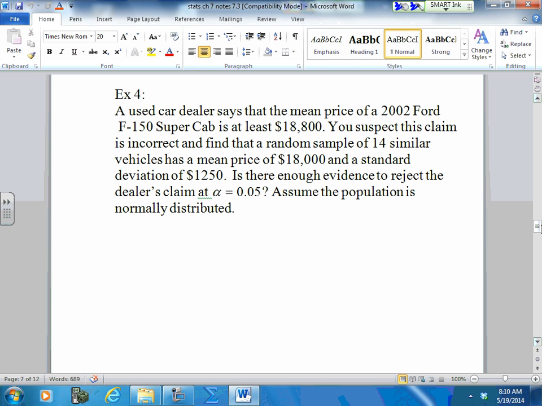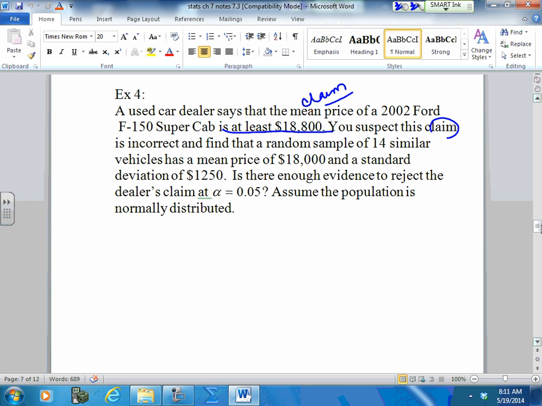Okay, example 4. I'm on page 366, 367. A used car dealer says that the mean price of his Ford is at least $18,800. You suspect this claim is incorrect. You suspect this claim, so therefore this is his claim. He's the dealer, so you want to prove him false here.